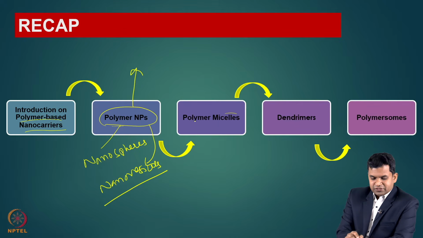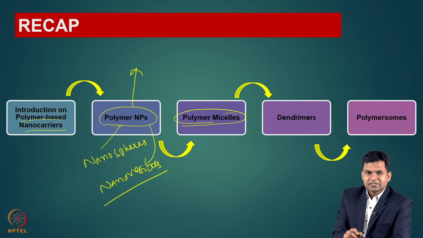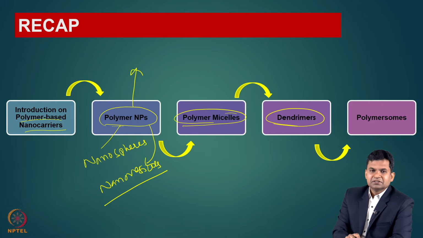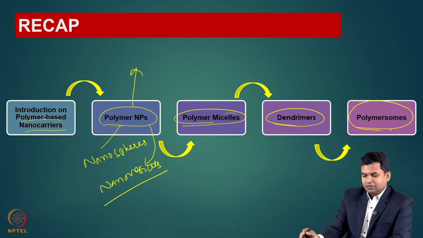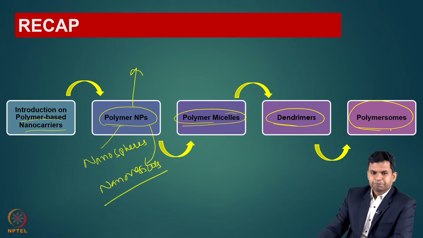Then we saw polymeric micelles and their examples, then dendrimers and their importance, and then polymersomes.